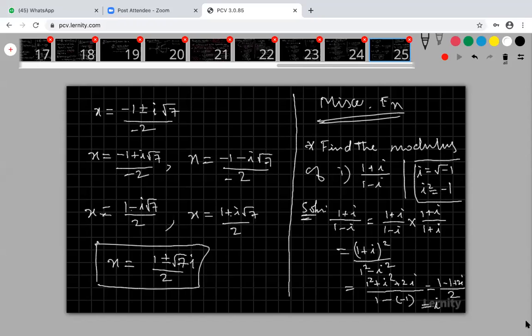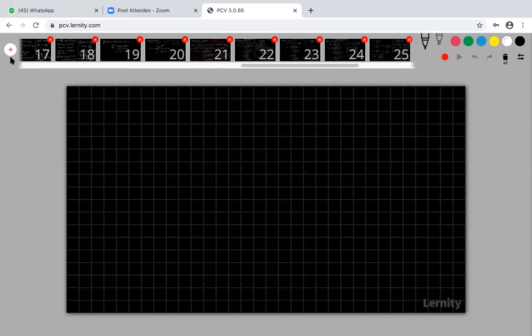Please try to understand. So 1 plus i divided by 1 minus i is nothing but only i.